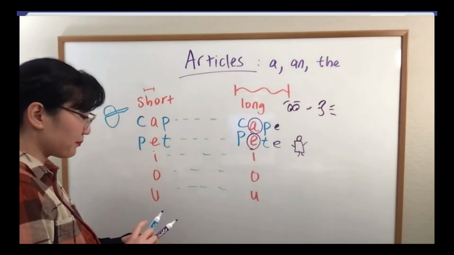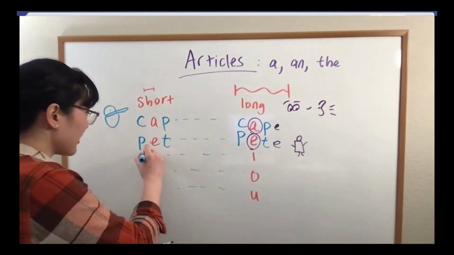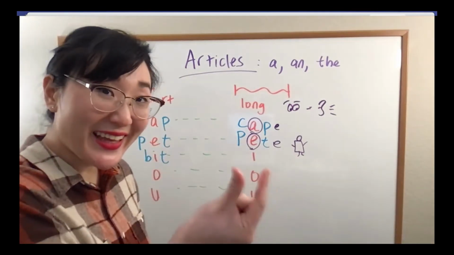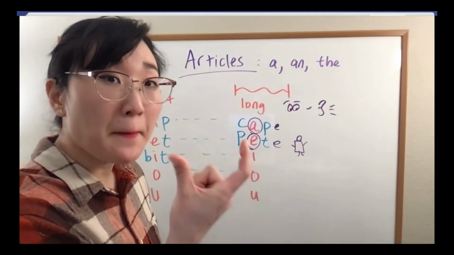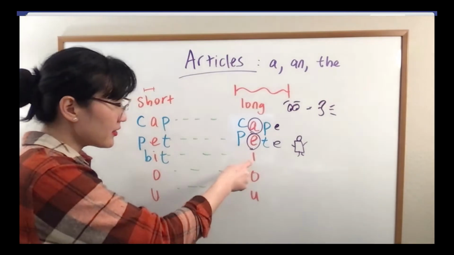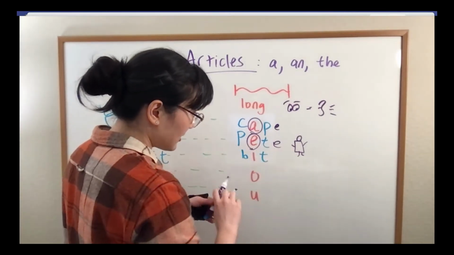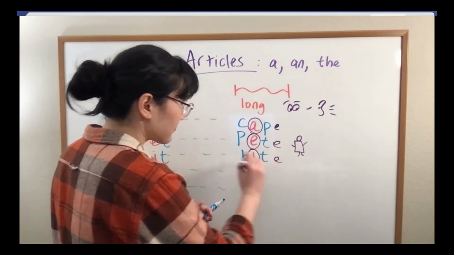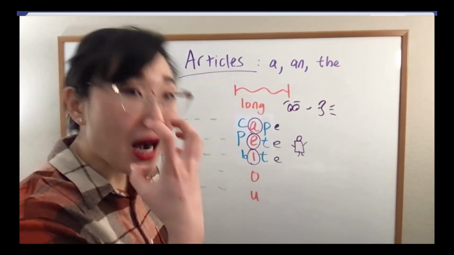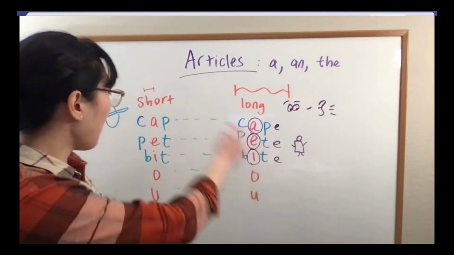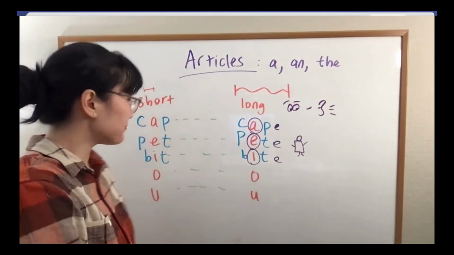Now what about I? Let's say bit. Over here, long vowel sound, so consonant, vowel, consonant plus an E. I pronounce this I, bite. Bite in the present, bit in the past.